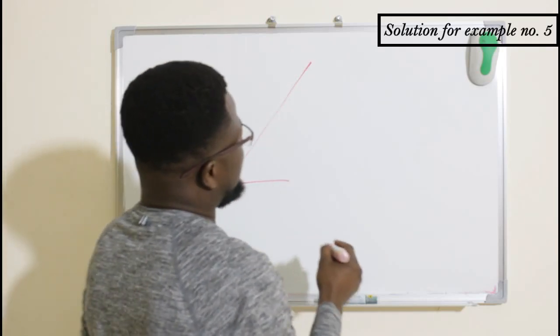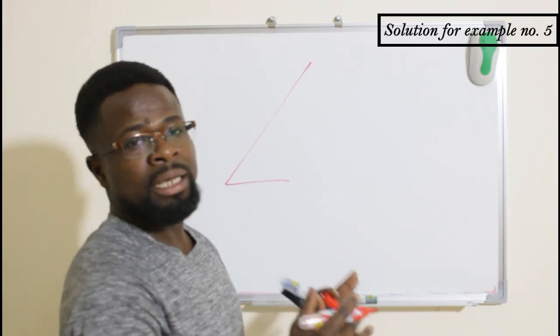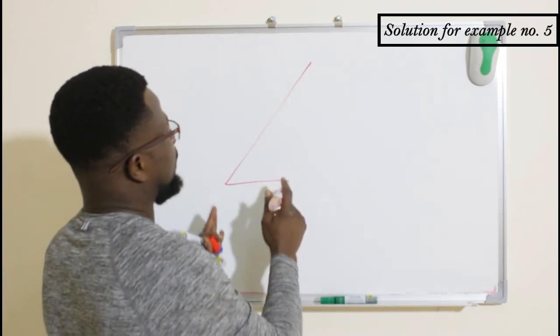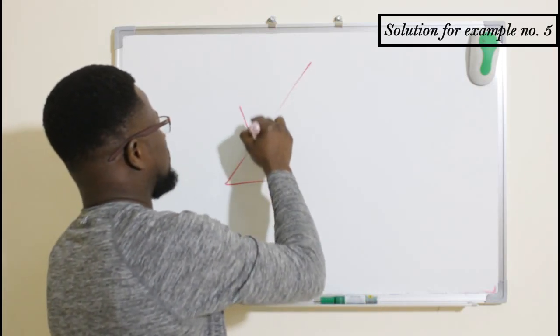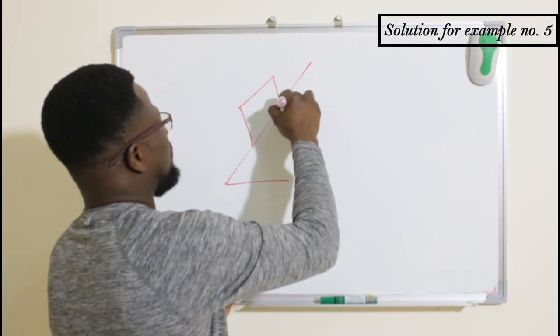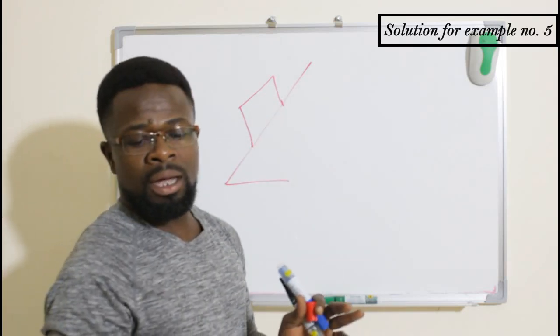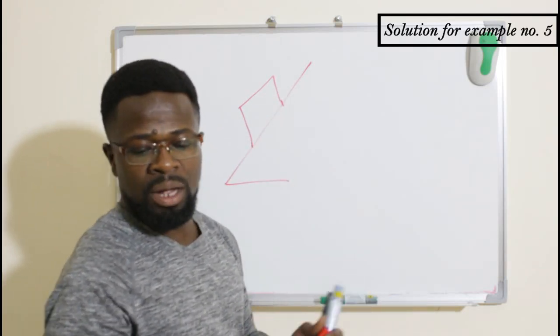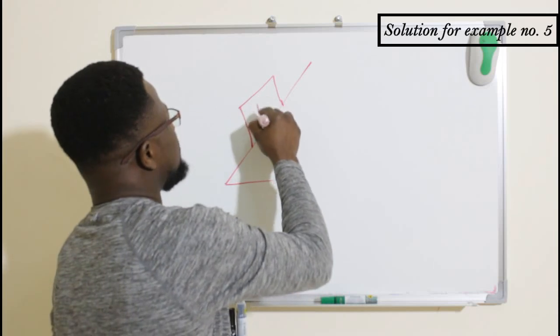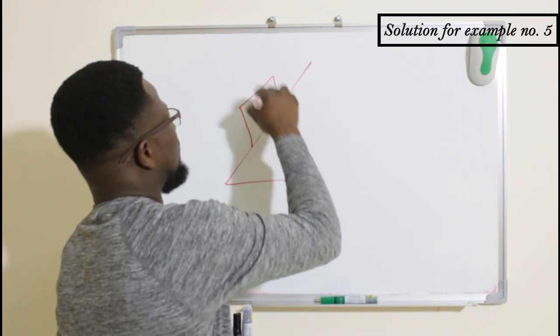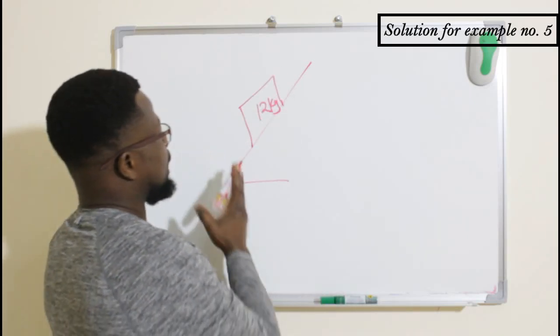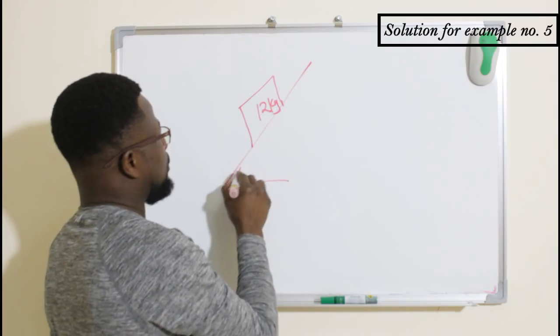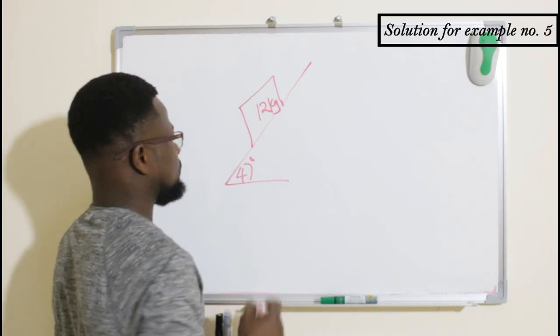We are told by the question that there is what? An inclined plane. So this is the inclined plane, and there is a body which is found on this inclined plane. And according to the question, the mass is 12 kg, and the inclined plane is at an angle of 47 degrees.